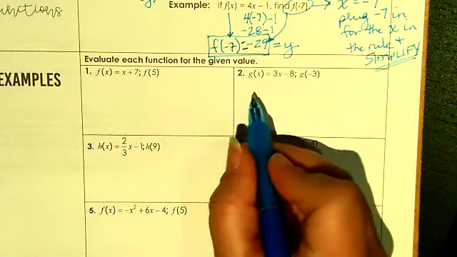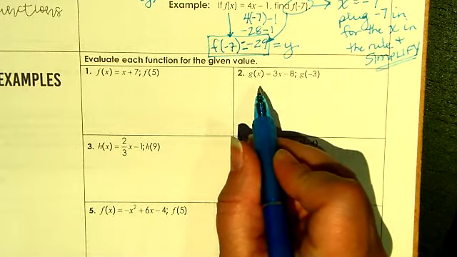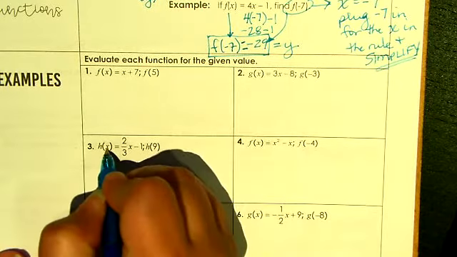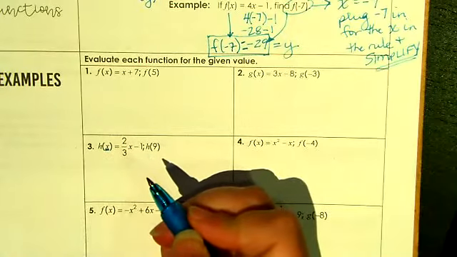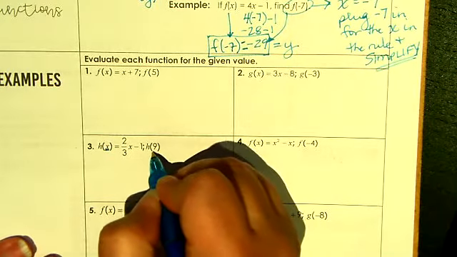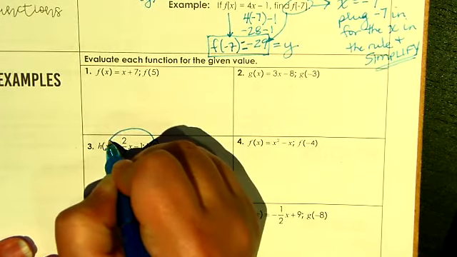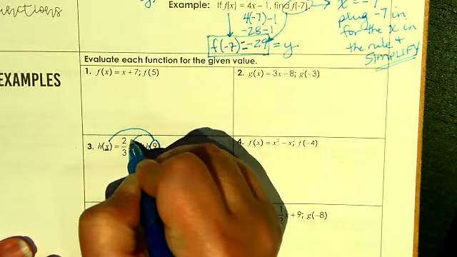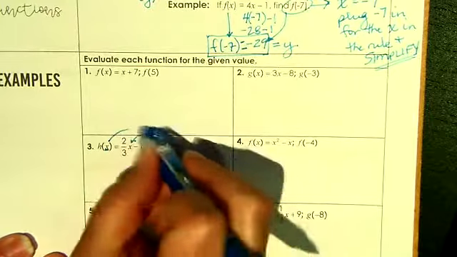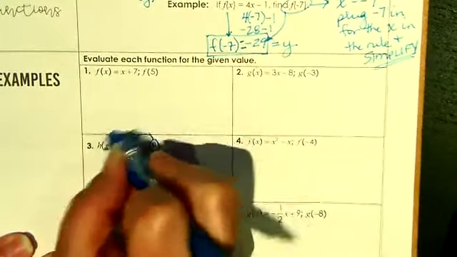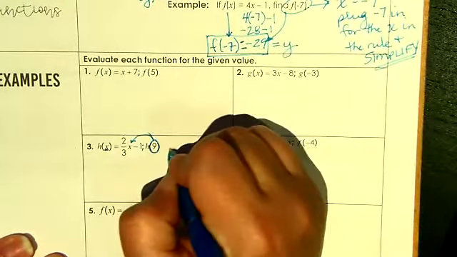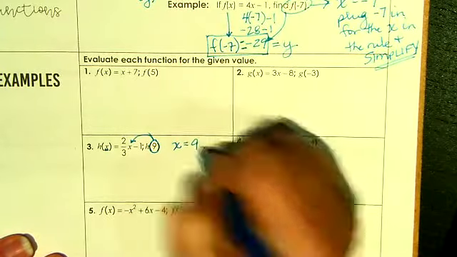If it says g of, it's still function notation because the x is inside that parentheses. That's the input. It tells me that the 9 is in the x spot, so I plug it in for this x here, not for this one over here. This is just telling me that x equals 9.